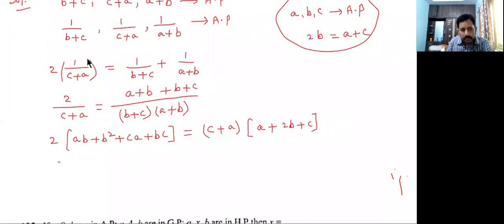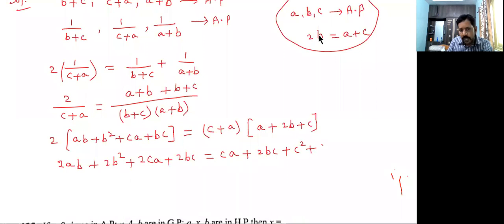So here, 2AB plus 2B square plus 2CA plus 2BC is equal to C into A, CA, C into 2B, 2BC, C into C, C square, plus A square plus 2AB plus AC.